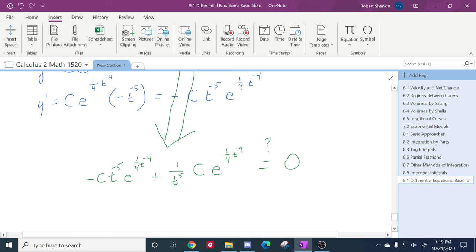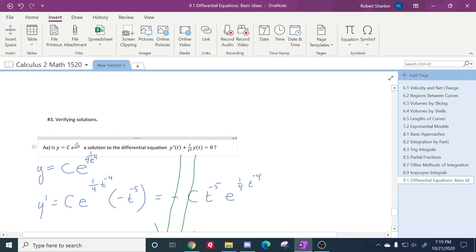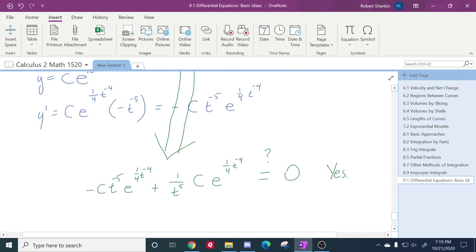Well, yes, because this and this are exactly the same. One's positive and one's negative. So yes, and so that verifies this is a solution.